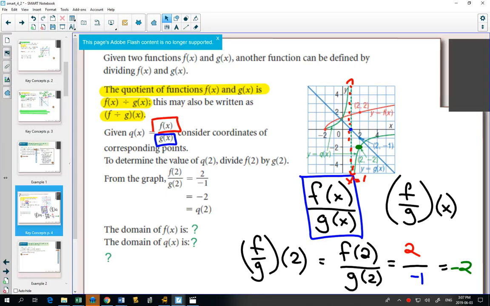This is an easy point to figure out, because wherever your numerator is equal to 0, 0 divided by anything is 0. Wherever the two graphs intersect, that's where your graph is going to equal 1. And since there's an asymptote, your graph would need to have asymptotic behavior.